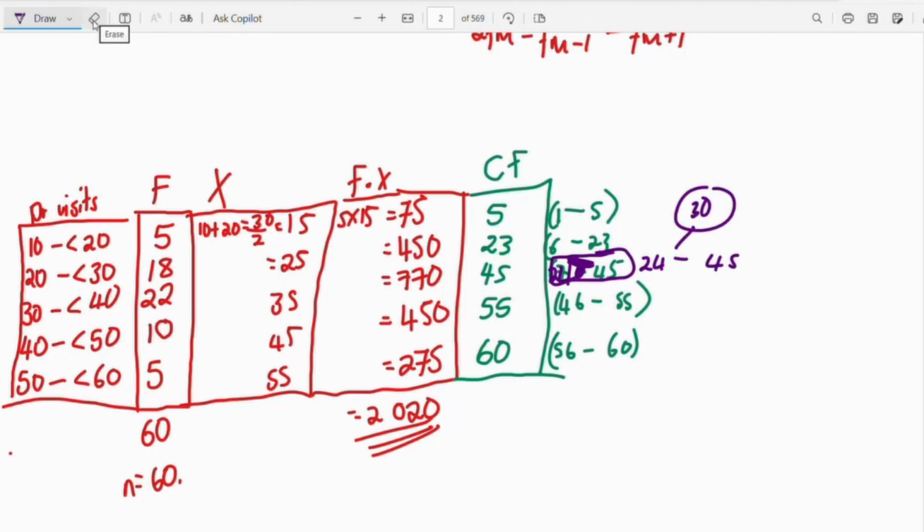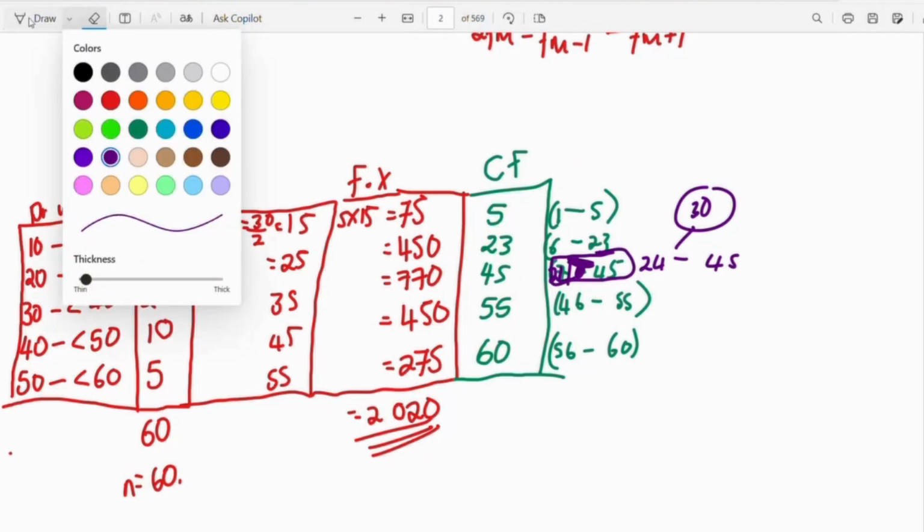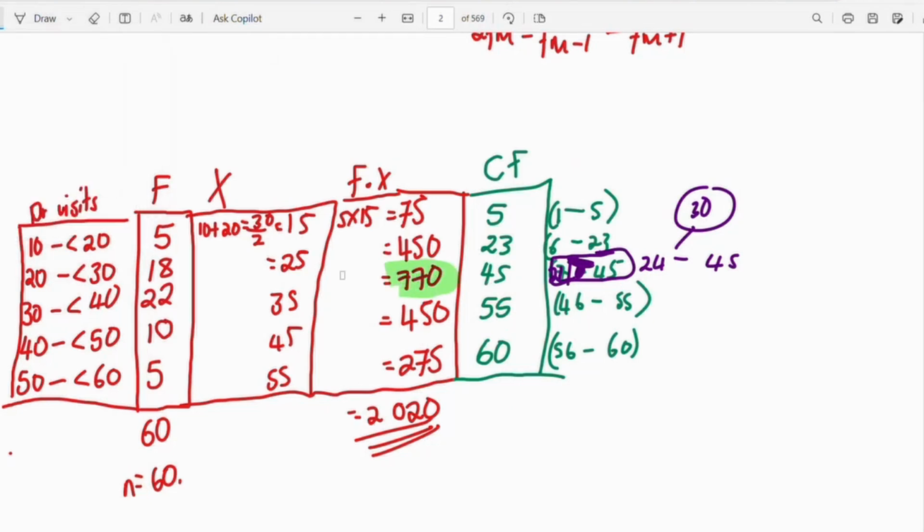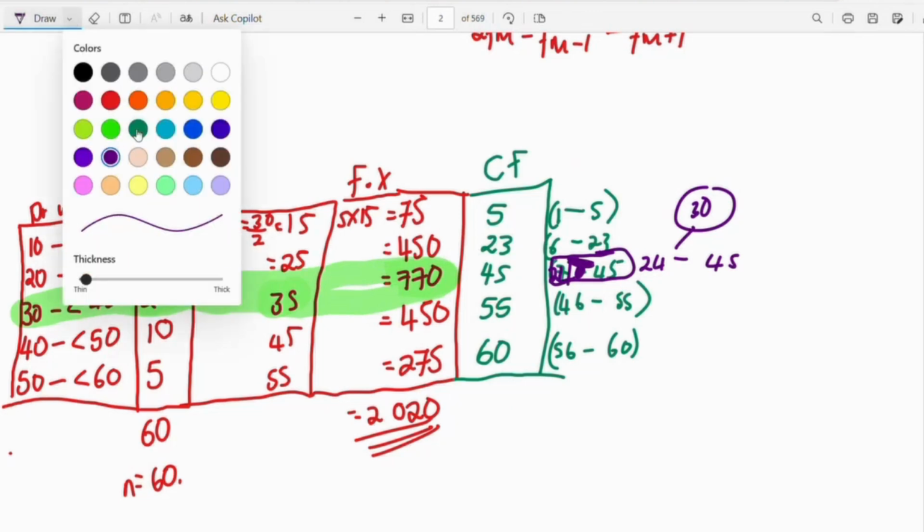That means now that we know that 30 is there, we can highlight that this here is our interval. So it's not that straight, sorry. So this here is our interval. So now we can actually conclude.